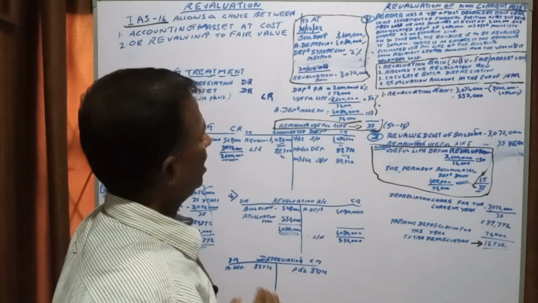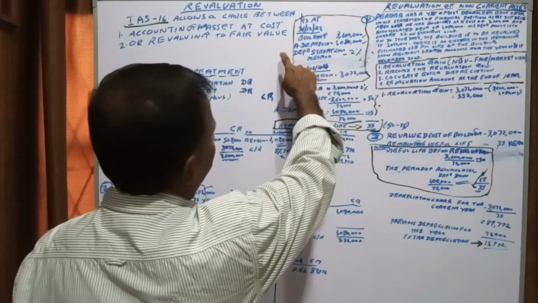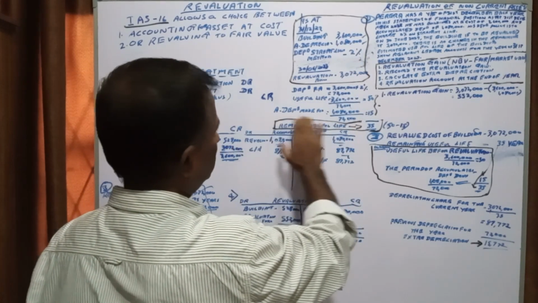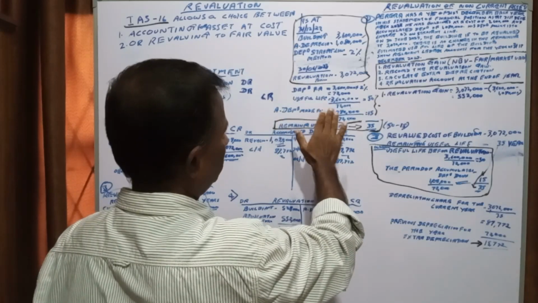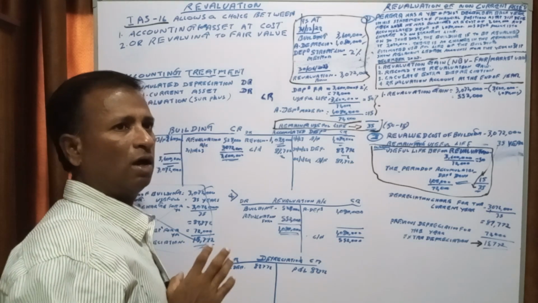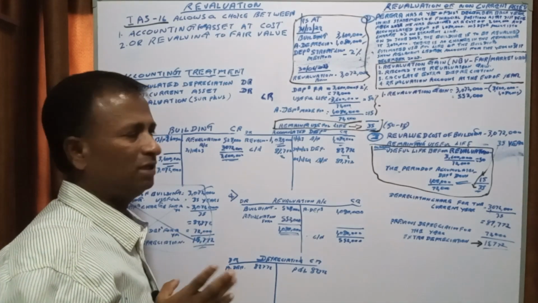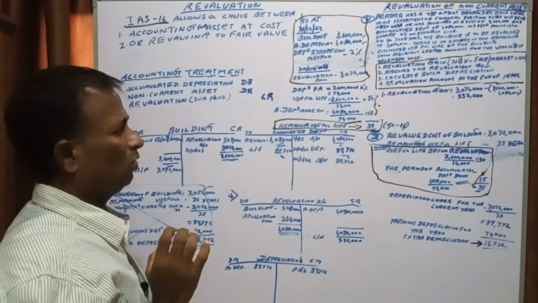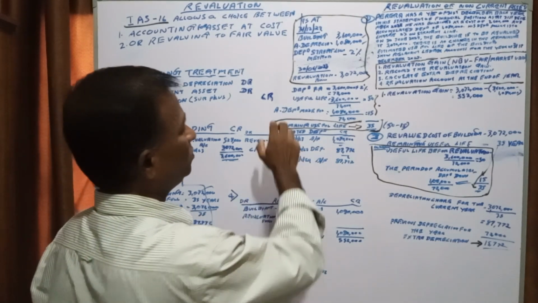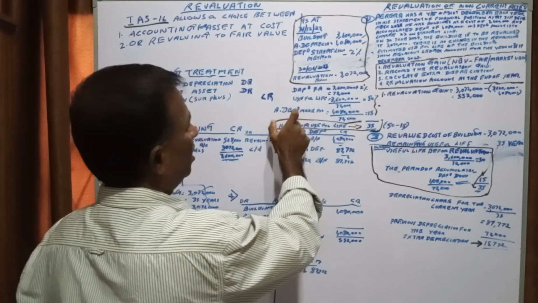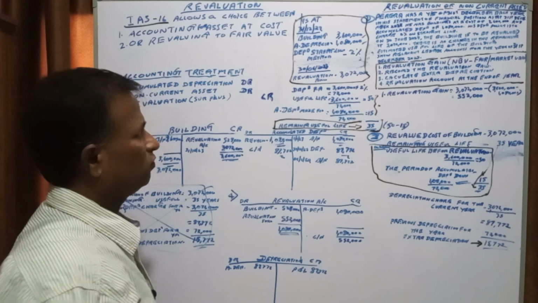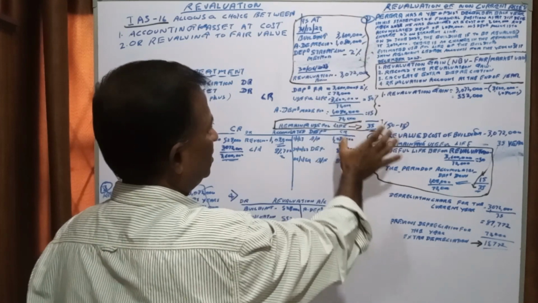The other one is the accumulated depreciation balance. They have given the accumulated depreciation balance, right? So you have put here accumulated depreciation 1,080,000. Now you have to calculate for how many years you have calculated this accumulated depreciation. 1,080,000 they have given, right?